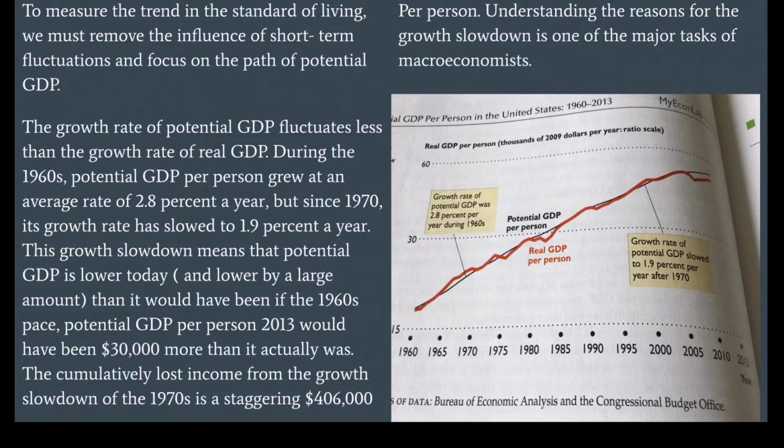Potential GDP per person in 2013 would have been $30,000 more than it actually was. The cumulative lost income from the growth slowdown of the 1970s is a staggering $406,000 per person. Understanding the reasons for the growth slowdown is one of the major tasks of macroeconomists.